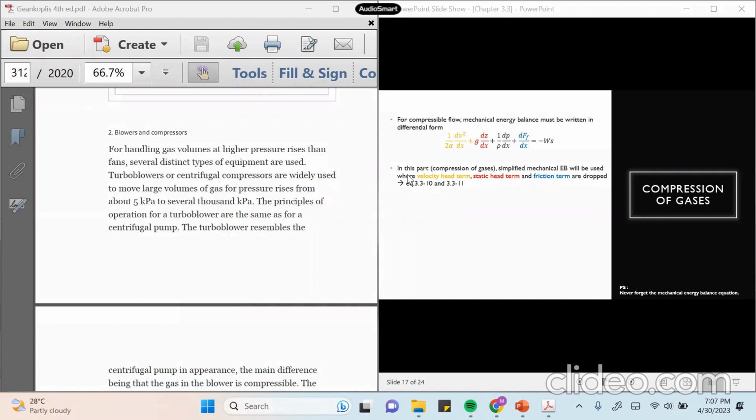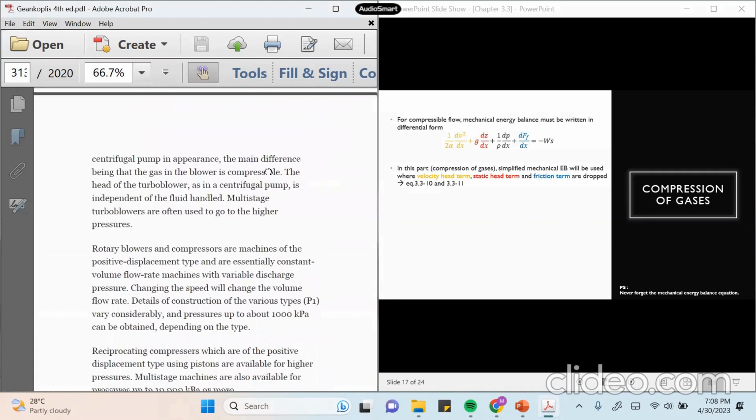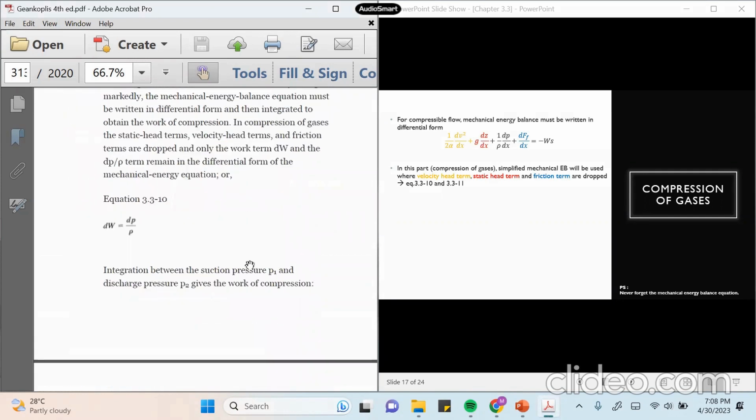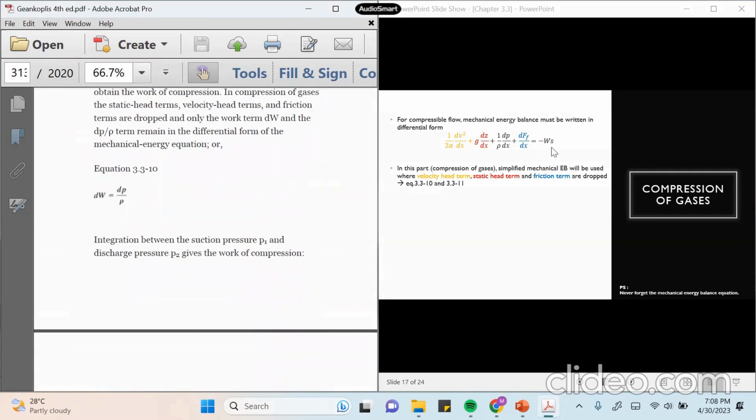However, in this part, for compression of gases, the simplified mechanical energy balance will be used, where the velocity head term, static head term, and friction term are dropped. So what's left is only W with dp per density.